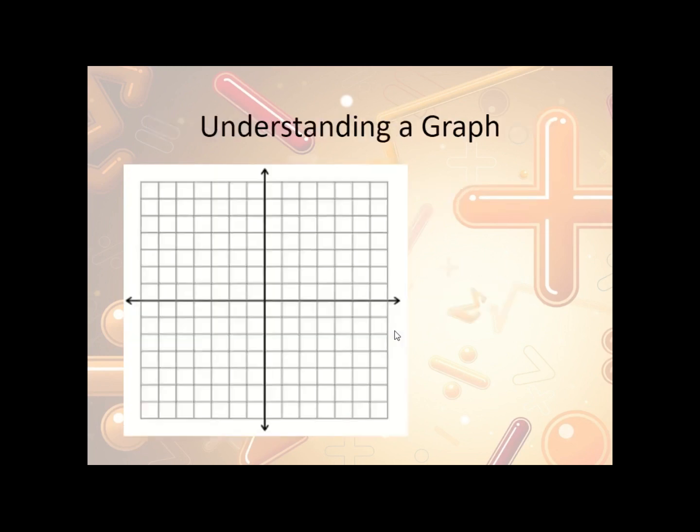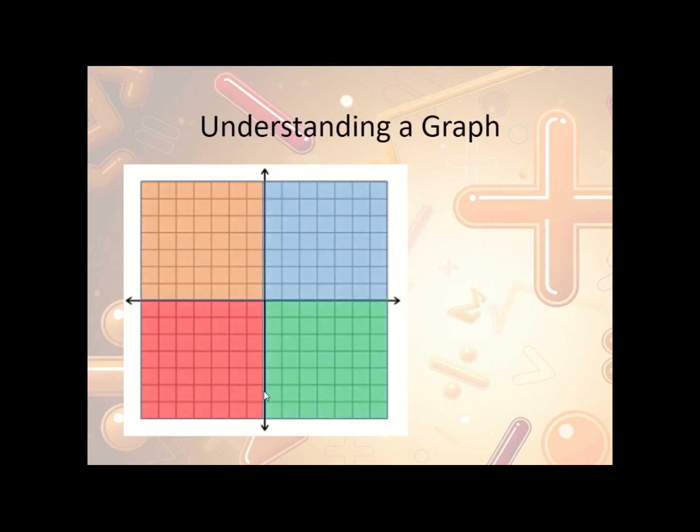Now, understanding the graph. So if you notice, we have our x and y axes here, and it ends up forming these 4 boxes. Now, every movement, every time we rotate 90 degrees, we're going to move from one box to the next.